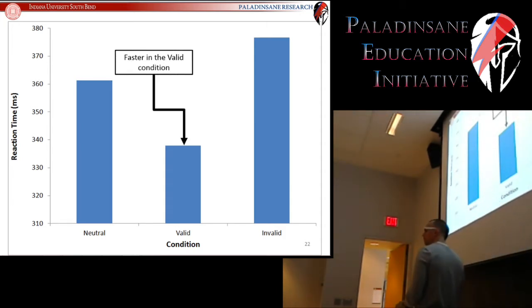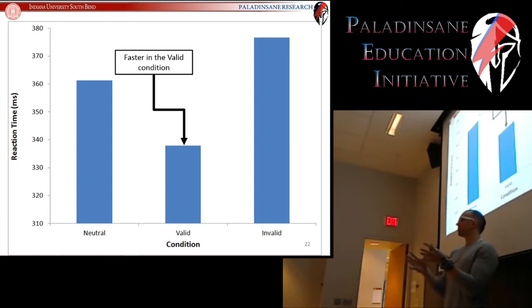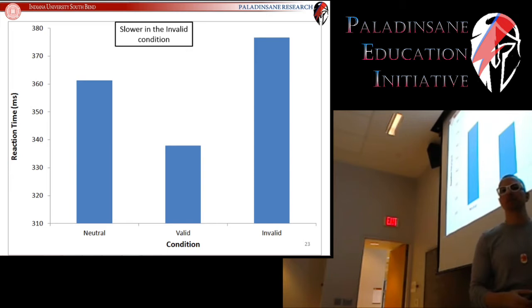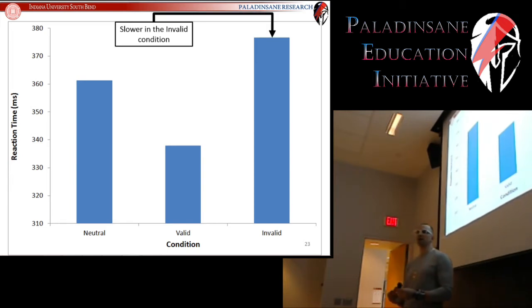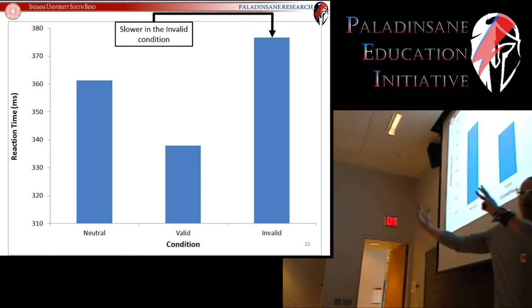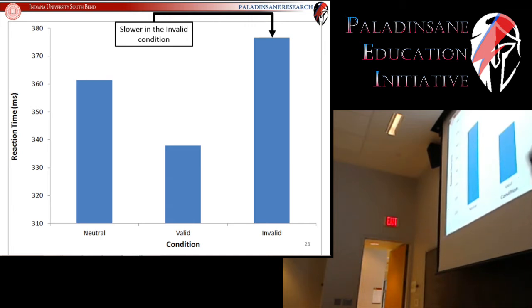So when you move your attention to where the target is and then the target appears there, you are very quick to respond. But when you move your attention away from where the target is in the invalid condition, then you are very slow to respond, indicating that you have to take your attention from that incorrect location and drag it all the way over to the correct location before you can say, yes, I processed that area, I detected it, there's that target in the other area.